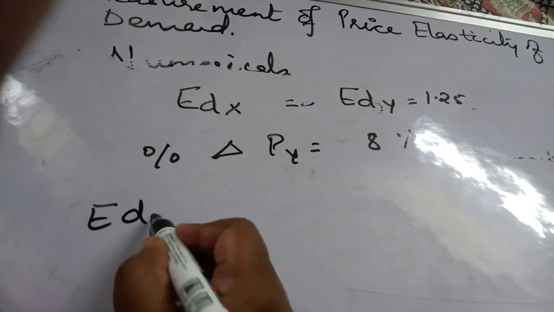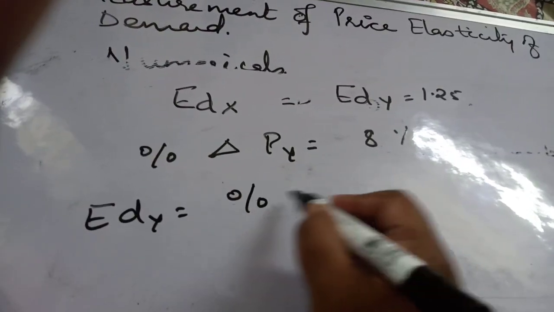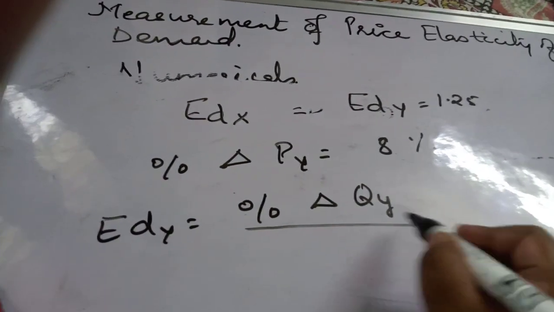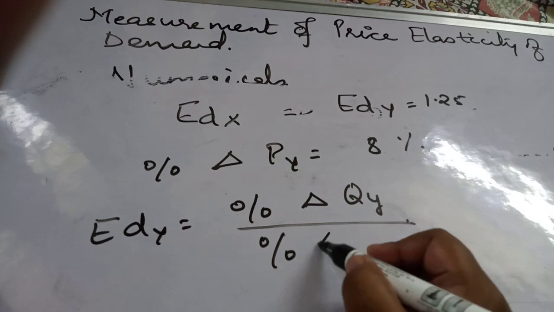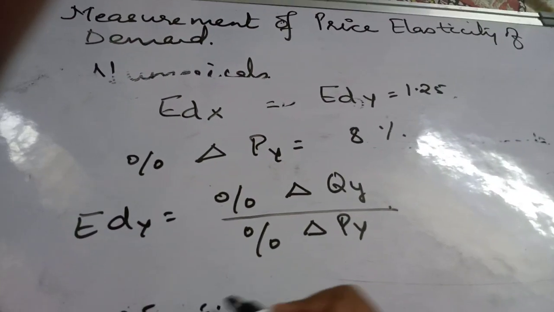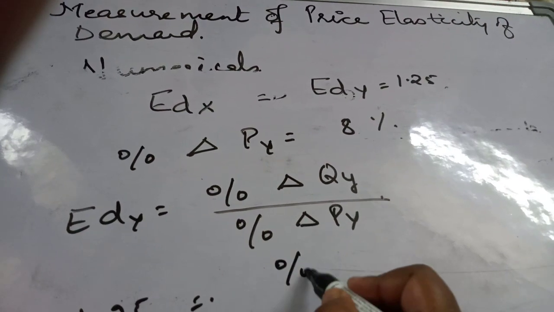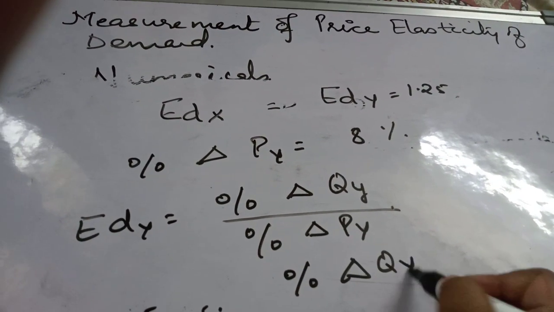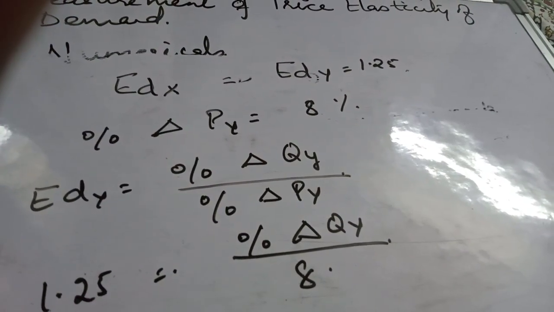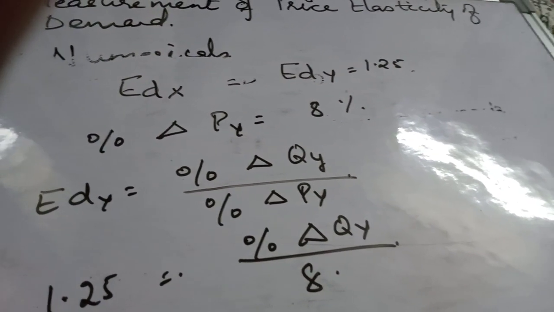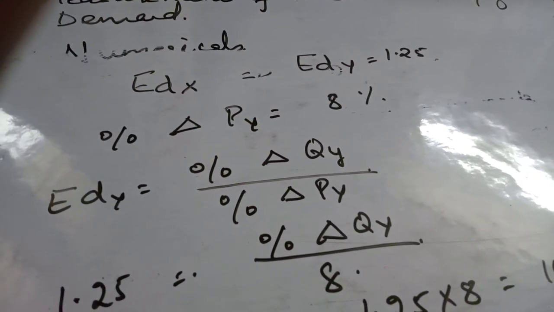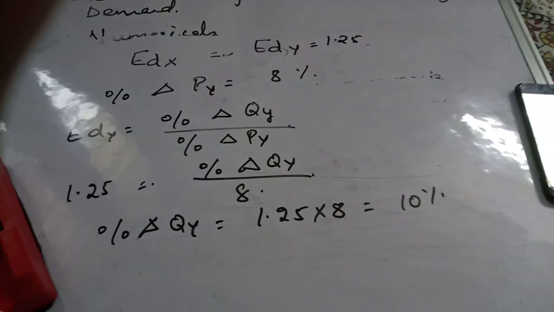Elasticity of demand for Y is equal to percentage change in demand for Y divided by percentage change in price of Y. So 1.25 is equal to percentage change in demand for Y divided by 8. So this is 1.25 into 8, which is equal to 10%.